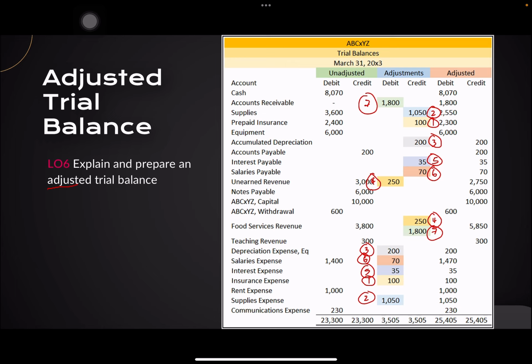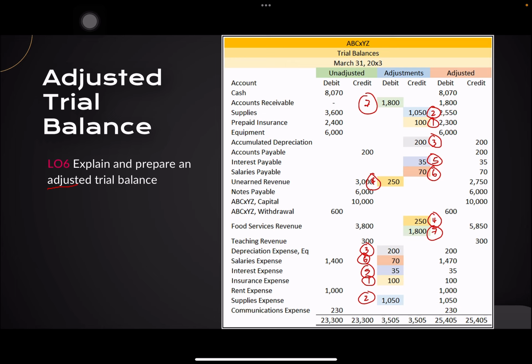So what you need to do next in your trial balance is get the net amount of your unadjusted and adjustment amounts. In this case, for your cash, you had no adjustments. So the final adjusted amount for your cash will still remain $8,070.